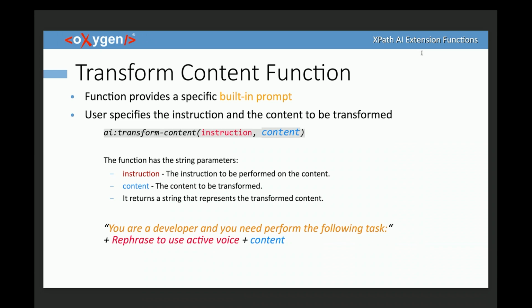And then you just set the task that the AI should do, for example, rephrase to use active voice, and pass also the content. This content is sent to the AI, which returns the transformed content based on this prompt. So you have a built-in prompt, then a prompt that the user gives, such as use active voice, or respond to my question, or generate a topic from this content, and so on.